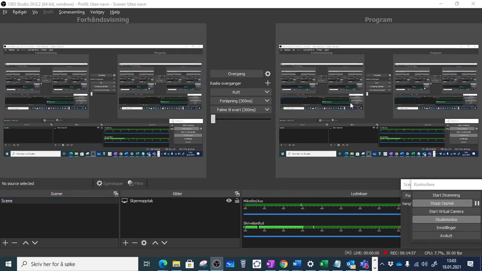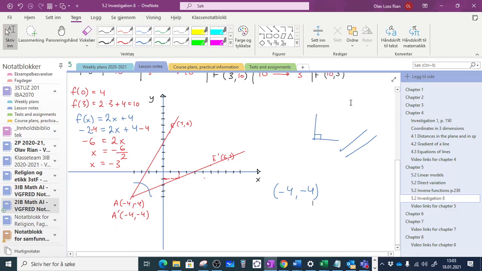So the x and the y coordinate is indeed the same. And what we can also notice is that there is a straight line that bisects.